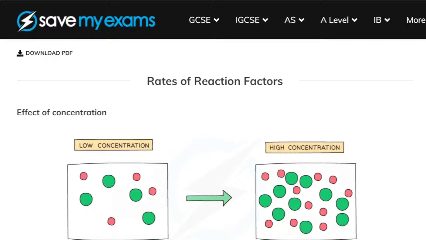Let's begin. Number one is the effect of concentration of a solution. So the first one we are going to talk about is the effect of concentration. You can see this right here. If you've done biology, you can tell this is a low concentration.